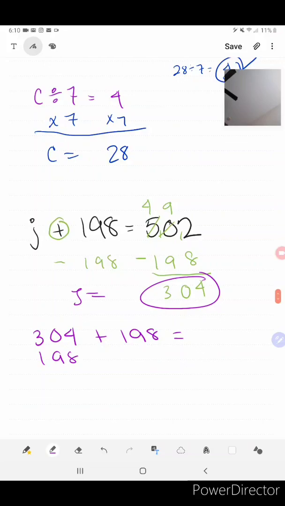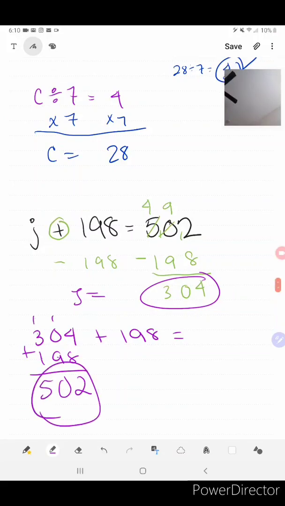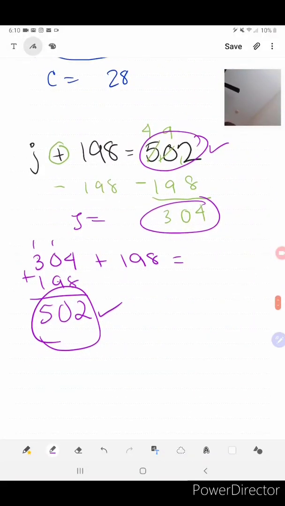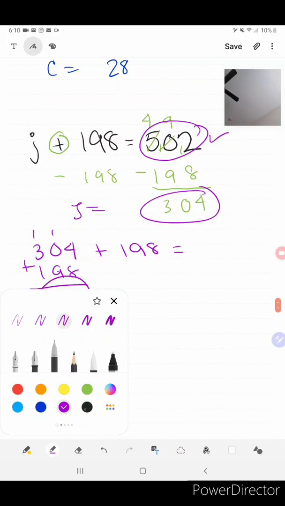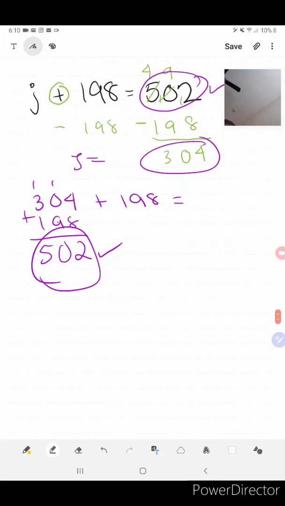So let's put it in columns. 8 plus 4 is 12, 9 plus 1 is 10, 1 plus 3 is 4, 4 plus 1 is 502, which is what we started with. Okay, that's how you check your answer. If you guys were to get a different answer, that means your work was wrong.